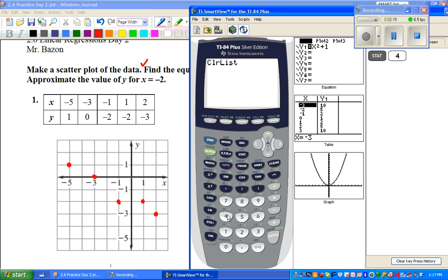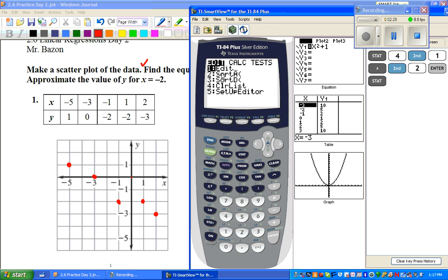You want to clear everything: clear L1, comma, L2 right here. We're going to hit Enter. Now when we go to Stat and go to Edit, number 1, you'll notice your L1 and L2 values are blank. L1 we're going to use as our X values, L2 as our Y values.